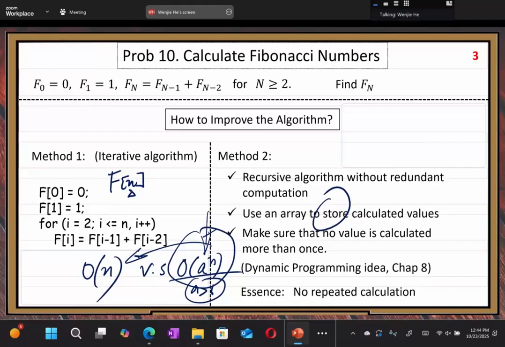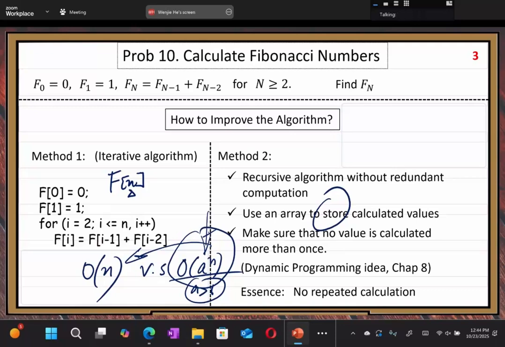That's not acceptable. In computer algorithms, when you go to your work solving real world problems, people have this understanding: any exponential algorithm is not acceptable in computer algorithms.